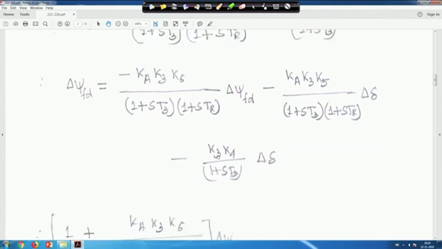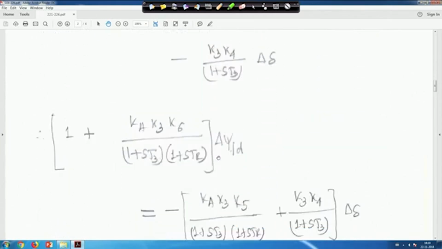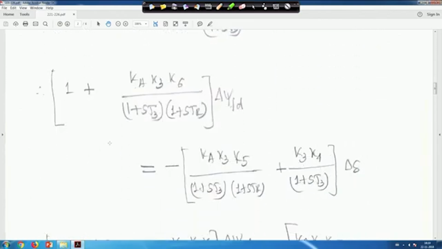Once this is done, after simplification you bring all the delta psi f d terms to the left hand side. So, 1 plus k a k 3 k 6 upon 1 plus S T 3 into 1 plus S T r, times delta psi f d, is equal to minus in brackets k a k 3 k 5 upon 1 plus S T 3 into 1 plus S T r plus k 3 k 4 upon 1 plus S T 3, bracket close, delta.